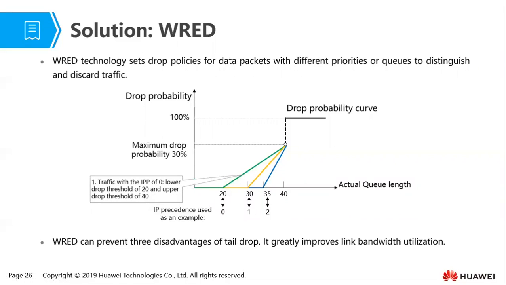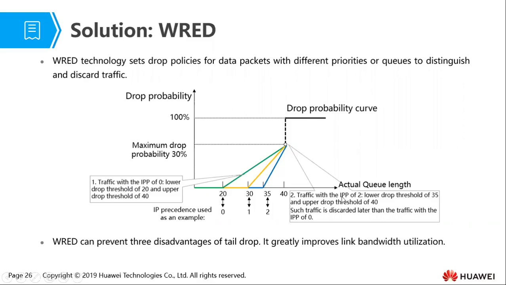Okay, so here is the explanation. Traffic with an IP precedence of 0 has a lower drop threshold of 20 and an upper drop threshold of 40. So 20 to 40. At 40, we start dropping everything from that particular queue.